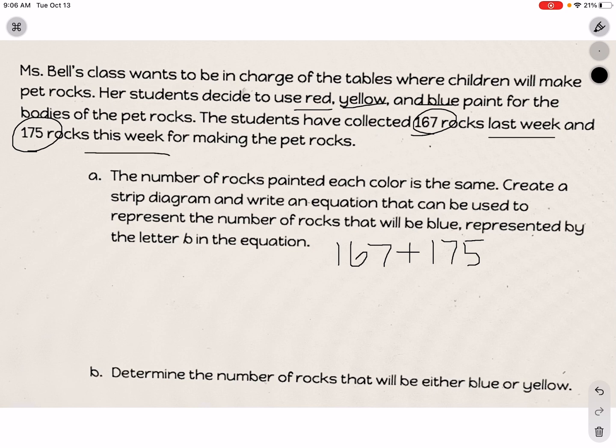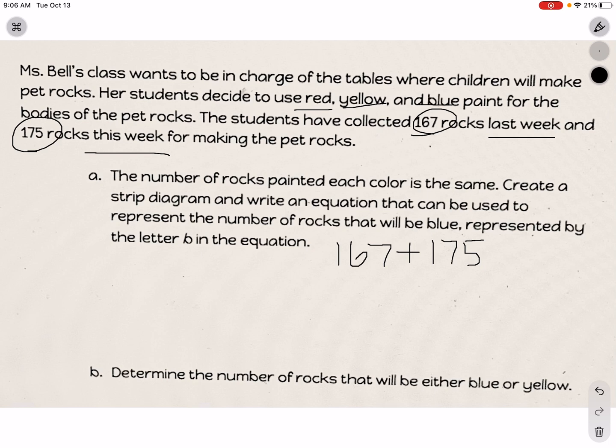That's unimportant information, because it's telling us just simply the number of rocks painted each color. It doesn't tell us anything about how many rocks from last week or this week got painted a certain way. It just said the number of rocks, which we could take to mean the total number of rocks. So that means we're going to add them together.